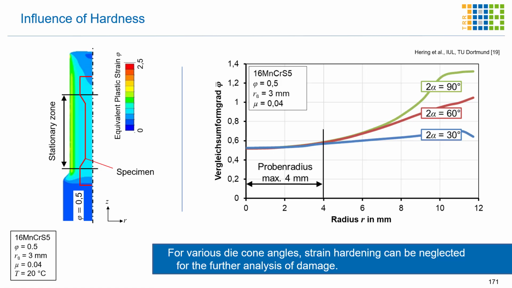At first, let's have a look at the separation of strain hardening from the considered specimens. For this, we extruded 3 different parts where we stick to the same extrusion strain of 0.5, but different shoulder opening angles. As you can see here, for different shoulder opening angles, the strain hardening is the same at the beginning from the inner radius.